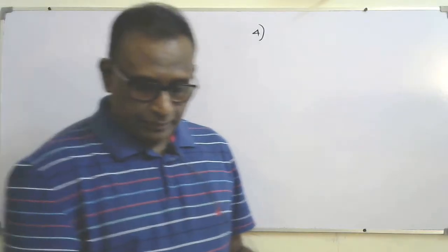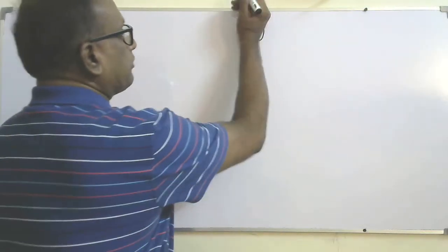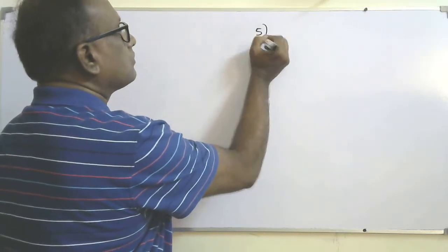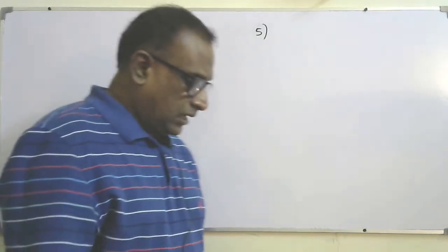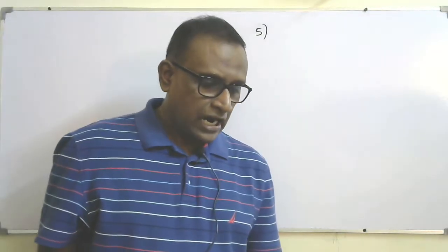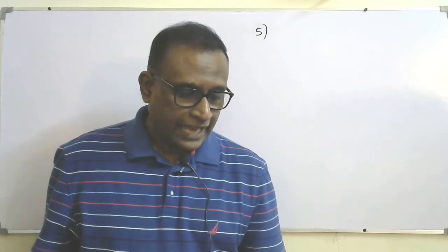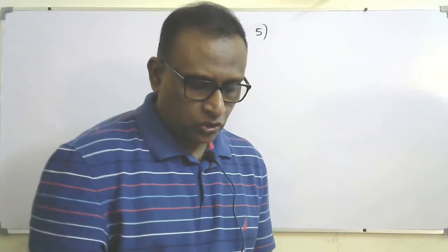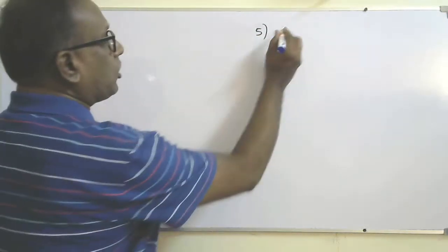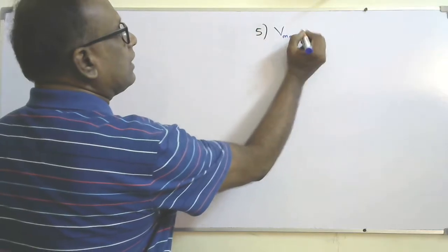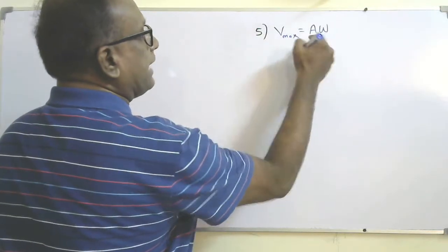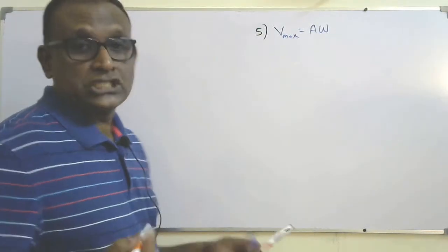Okay, the next question, question number 5. It says that a mass oscillates with simple harmonic motion with a frequency of 0.5 hertz. The amplitude of the oscillation is 0.3 meter. Which of the following is an expression for the maximum velocity in meters per second? We know that v max, the maximum velocity, is given by A omega, where A is the amplitude, or in some books x naught omega.